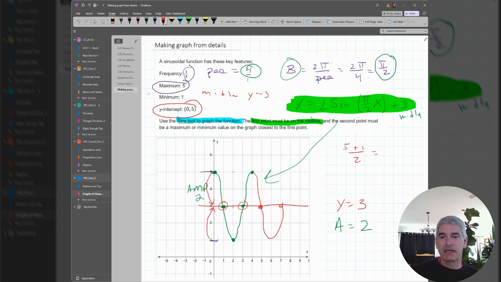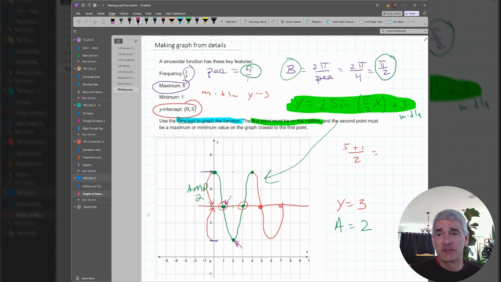And then you need to pick a maximum or a minimum. Using the K-12 graphing tool, we pretty much stick to integral values for our coordinates, which is nice in a way. So I would click here, and then if I clicked here, it would fill in the rest of the sine wave.